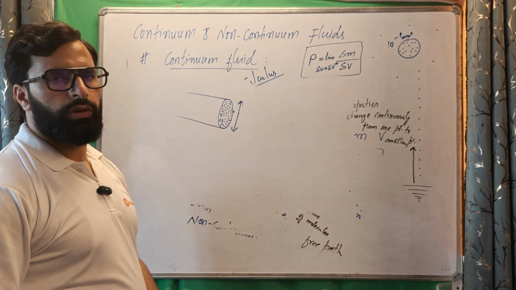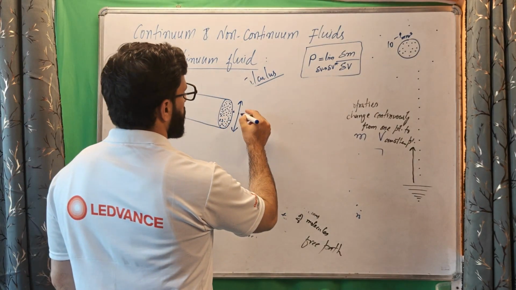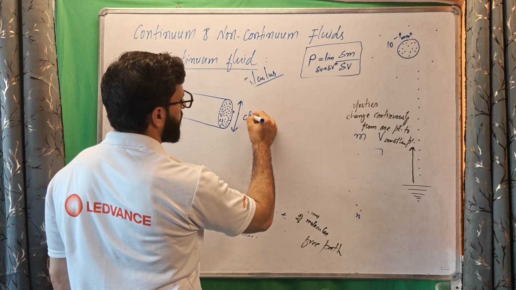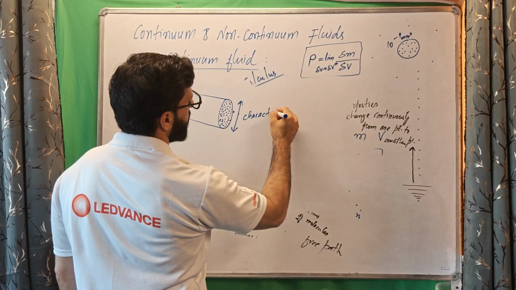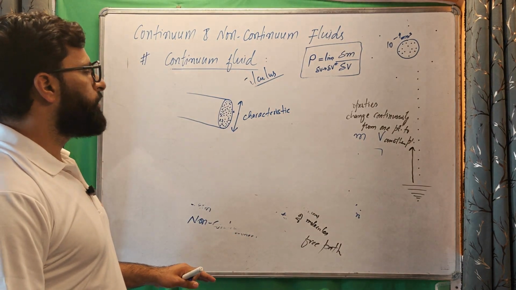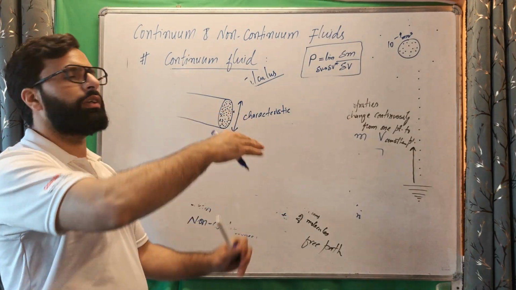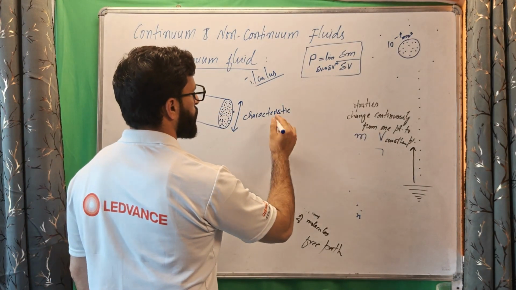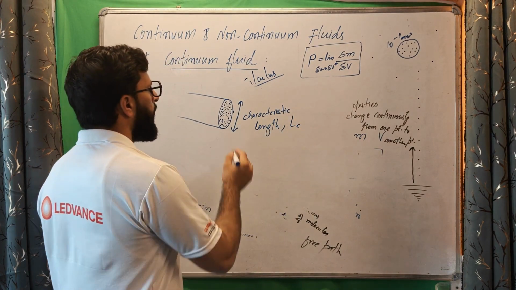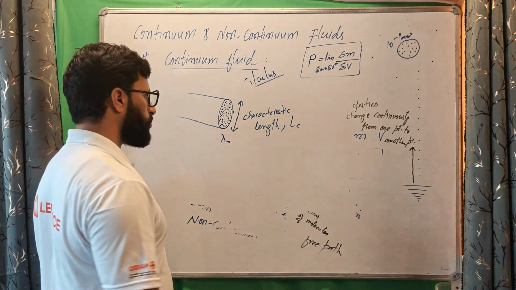This fluid dimension we call the characteristic length. The characteristic length is the length of the fluid flow, which measures how large the flow field is. So the characteristic length is LC, and the mean free path is lambda m.